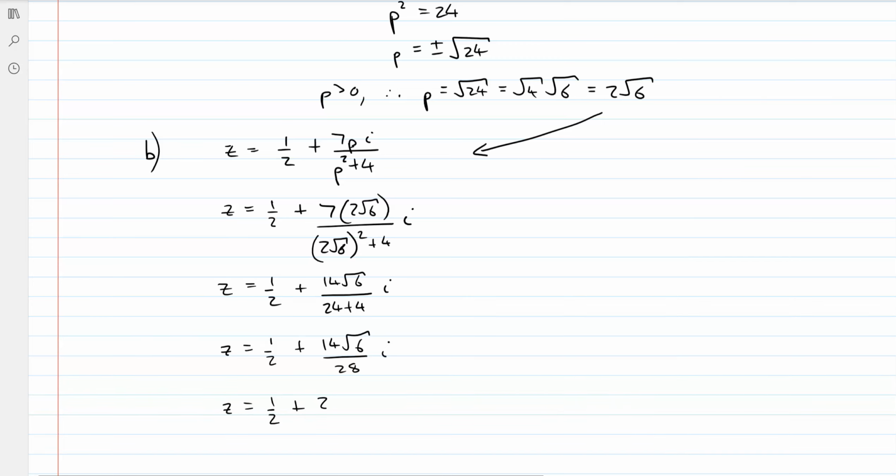So 7 will cancel to give us 2 root 6. In fact, 14 is common, isn't it, obviously? So we get root 6 over 2. And that's fully simplified. And there's our z in the form a plus bi. So a is a half, and b is root 6 over 2.